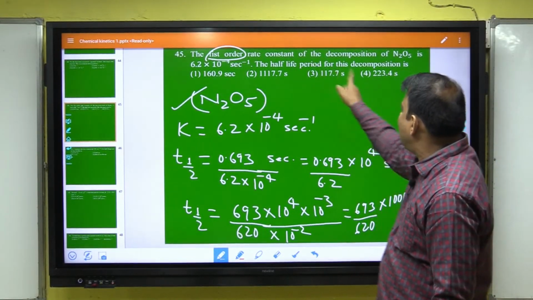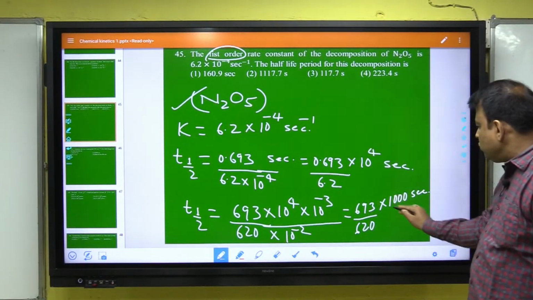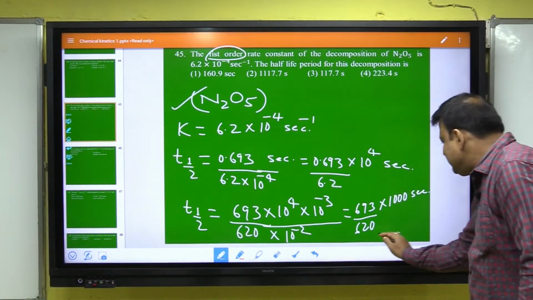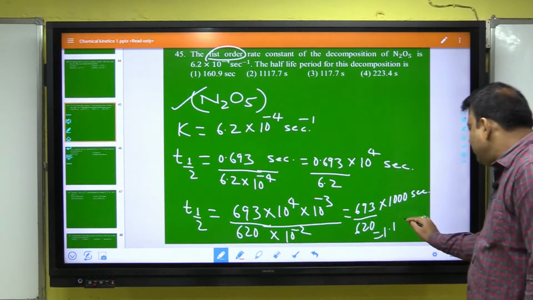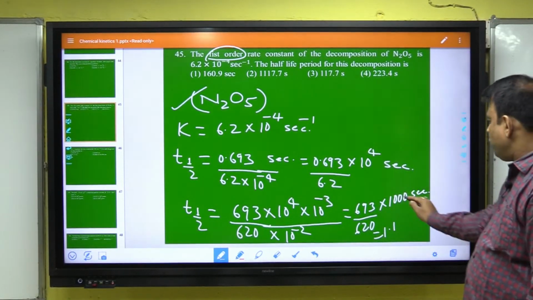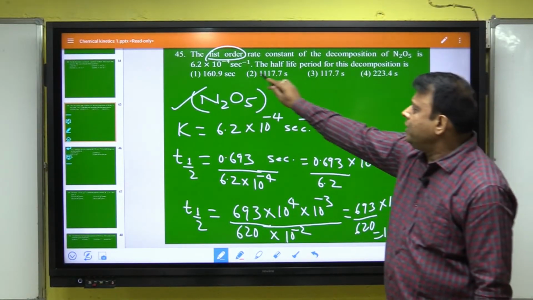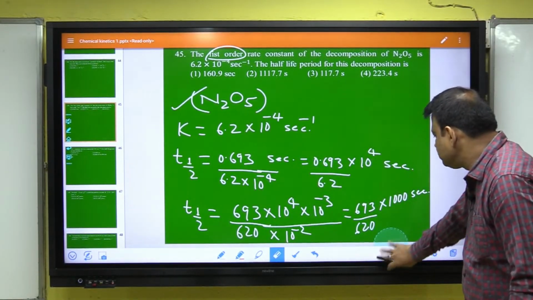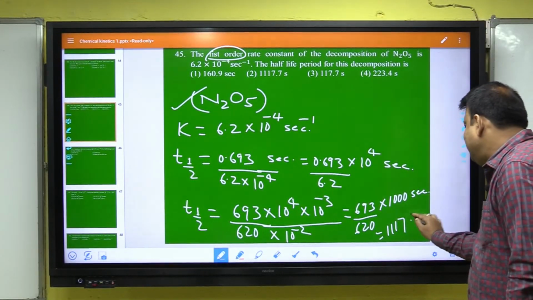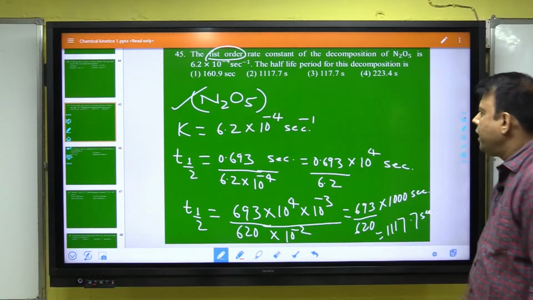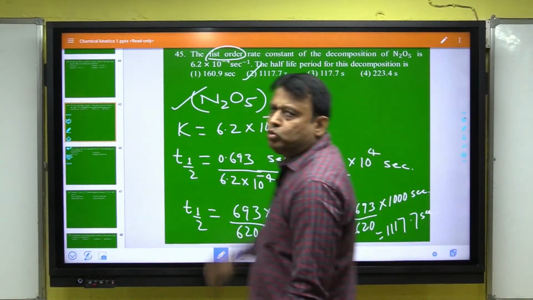It is possible, 1.1, into 10 to the power 3. And hence it will be 1.1 into 1000. When multiplied by 1000, it will be 1117.7 second, and hence answer number 2 is correct.